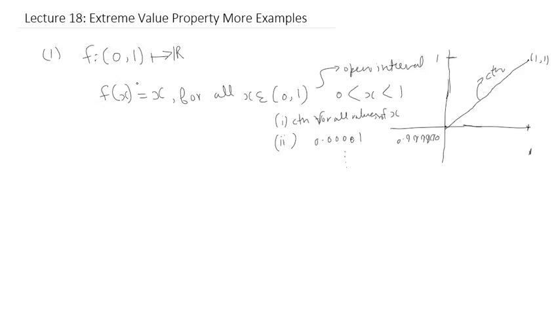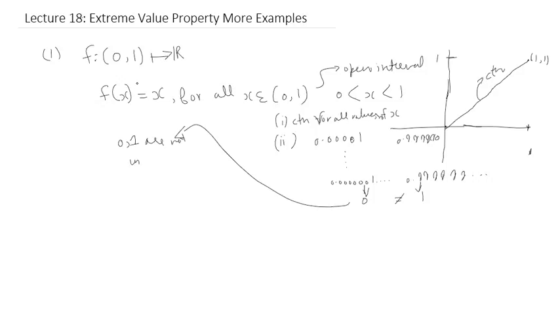And we can keep on doing this, but you guys do get the point, don't you? That's 0.999 all the way up to 1, but it's never equal to 1 and it's never equal to 0, which means there is no minimum or there is no maximum in this particular set, because 0 and 1 are not included.